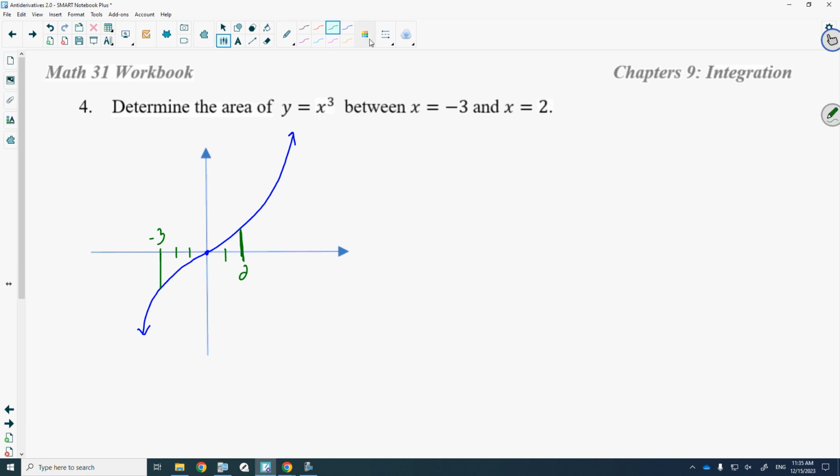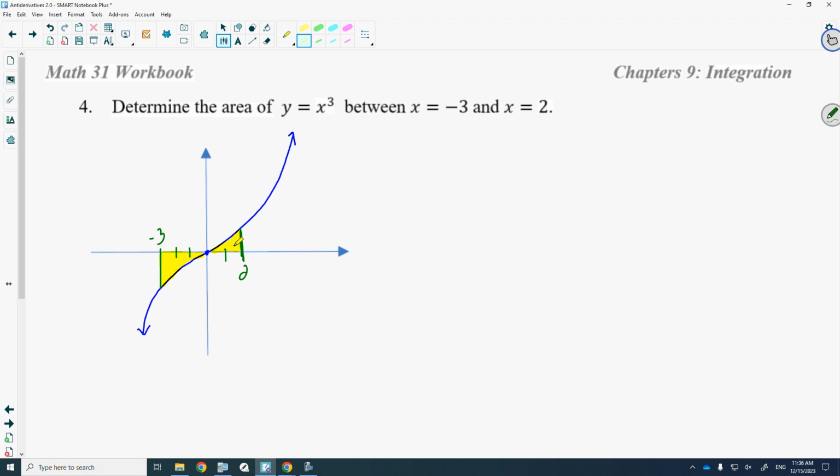So the total area that we are calculating would be this piece of the graph and this piece of the graph. If we integrate from -3 to 2, are we going to have an overall net positive or negative area? We're going to have an overall net negative area.